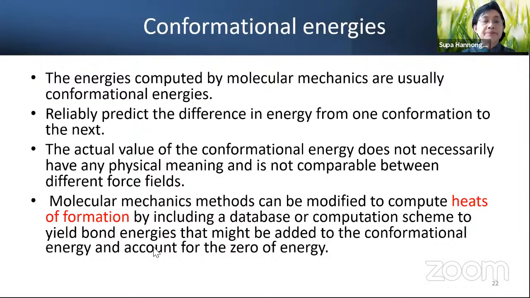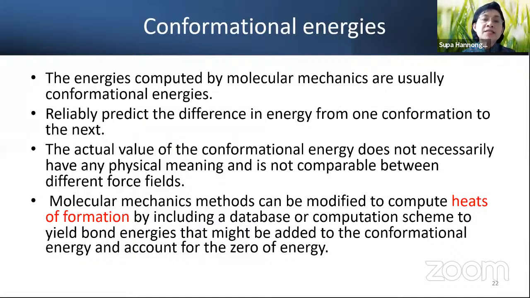We can compare that. And the molecular mechanics method can be modified to compute also the heat of formation, but we need a database or a computation scheme to yield the bond energies that might be added to the conformational energy and account for the zero of energy.